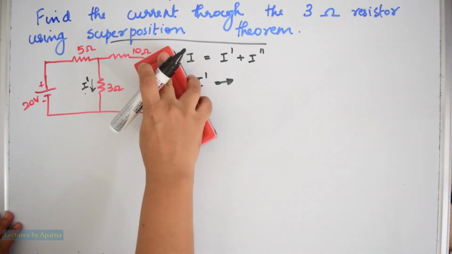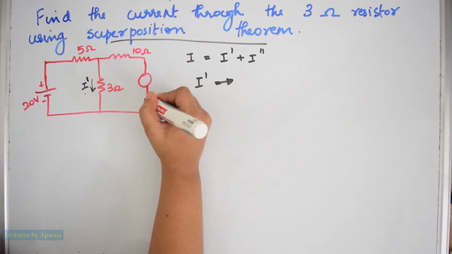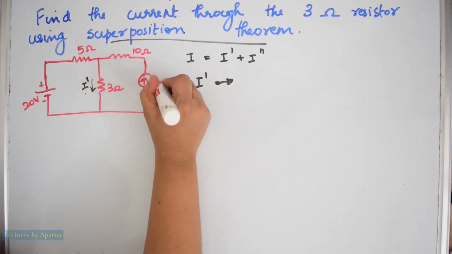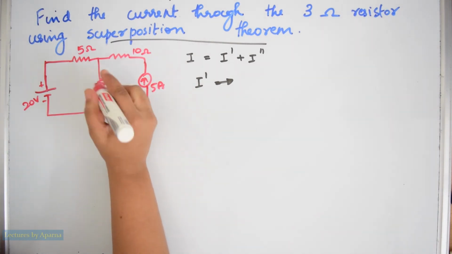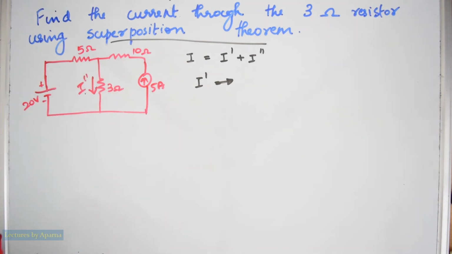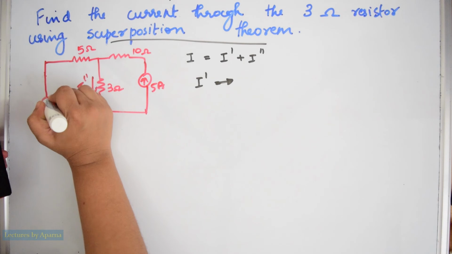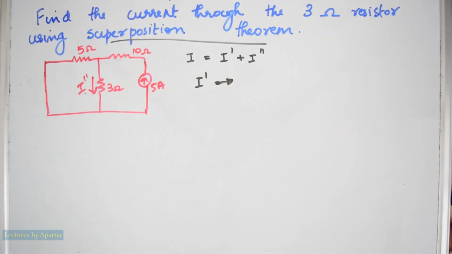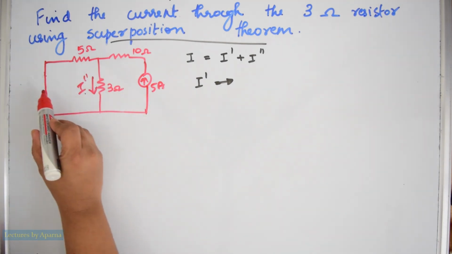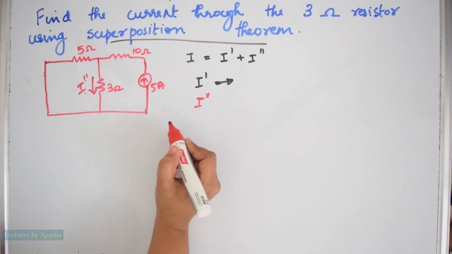And what is I double dash? We have the current source here, which is 5 ampere. I double dash will be the current when this voltage source is short circuited. Only the current source is considered and the voltage source is short circuited. That is I double dash.